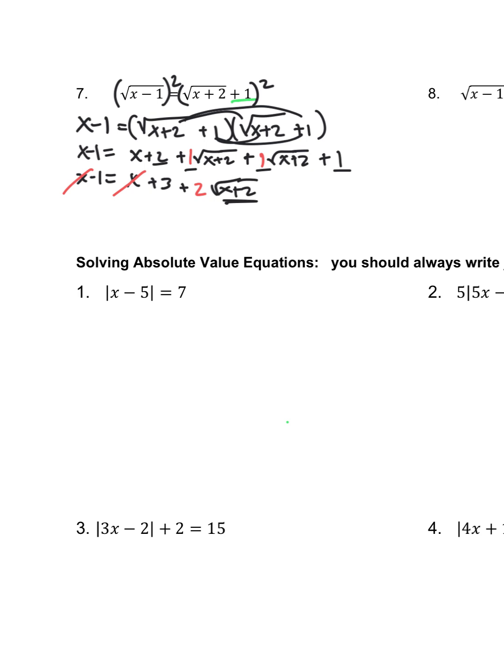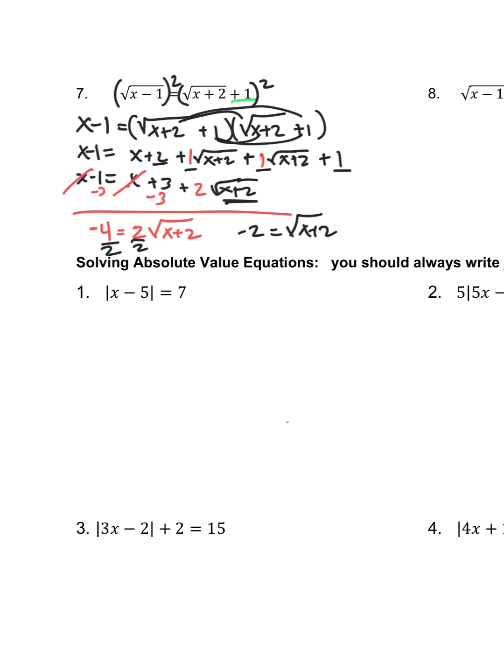And then I can move the 3 over. So I wind up with negative 4 equals 2 times the square root of x plus 2. Divide by 2. And I get negative 2 equals the square root of x plus 2.